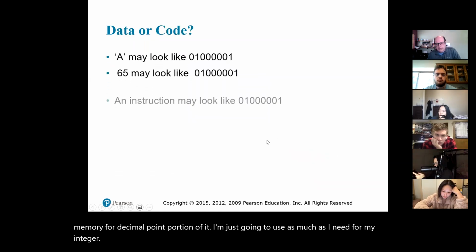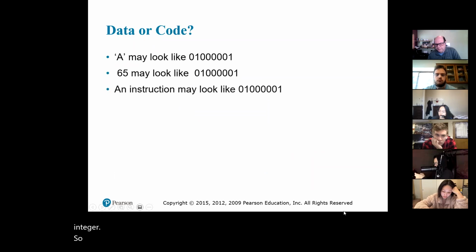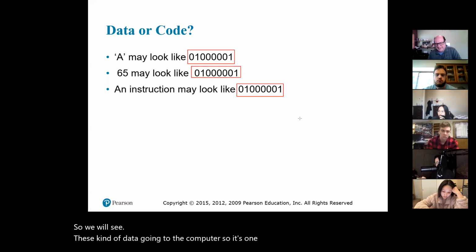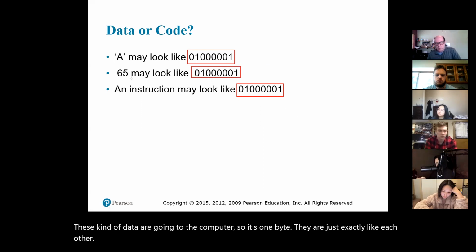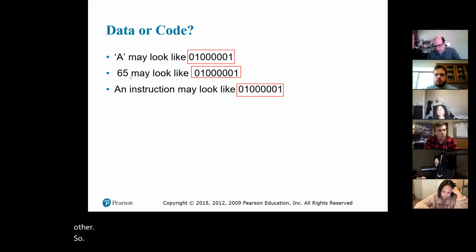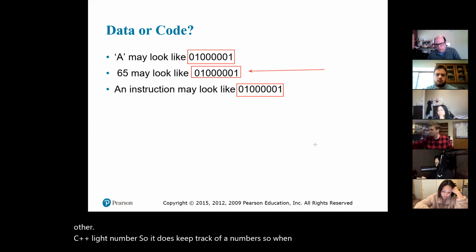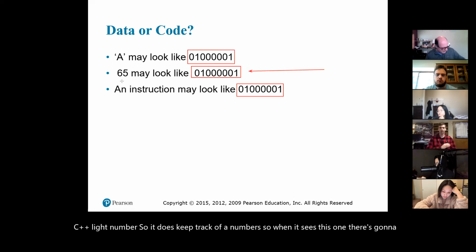So we will see this kind of data going to the computer. So it's 1 byte. They are just exactly like each other. So C++ likes numbers, so it does keep track of numbers. So when it sees this one, it's going to automatically change it to 65.